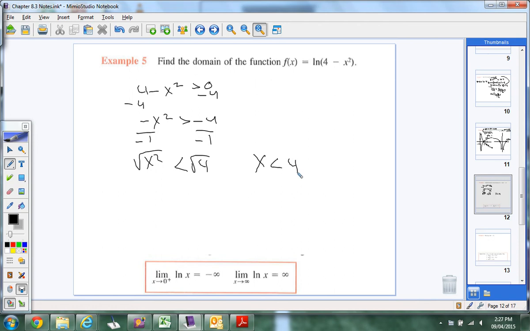Whenever you're doing a plus or minus from a radical, you have to flip the inequality again. Less than 2 and greater than -2. Because when you do the negative example again, you have to flip again. So from our first couple weeks here, interval notation, that would be from -2 to 2. Because it's bigger than -2, but smaller than +2.